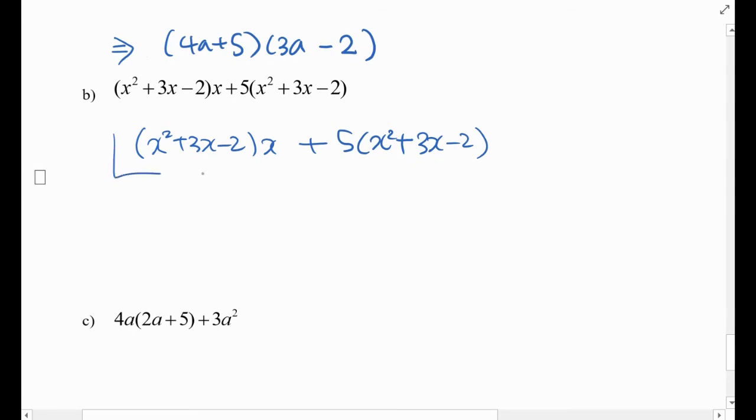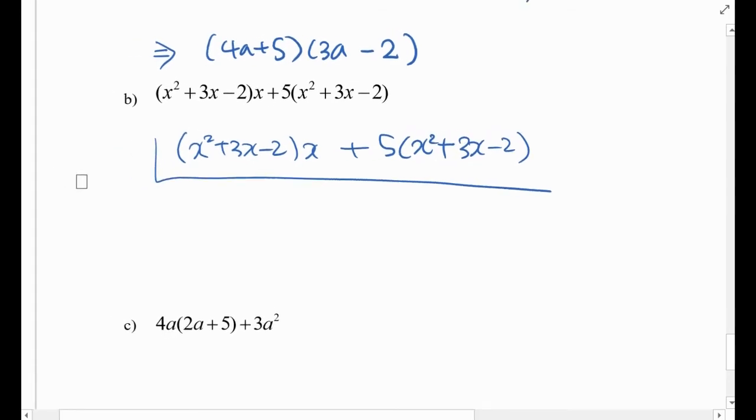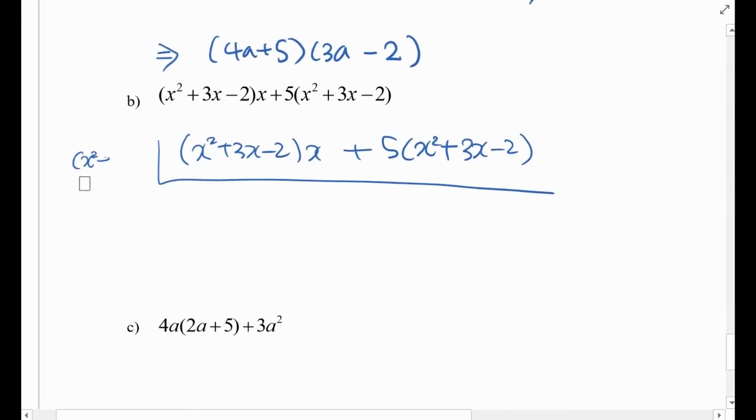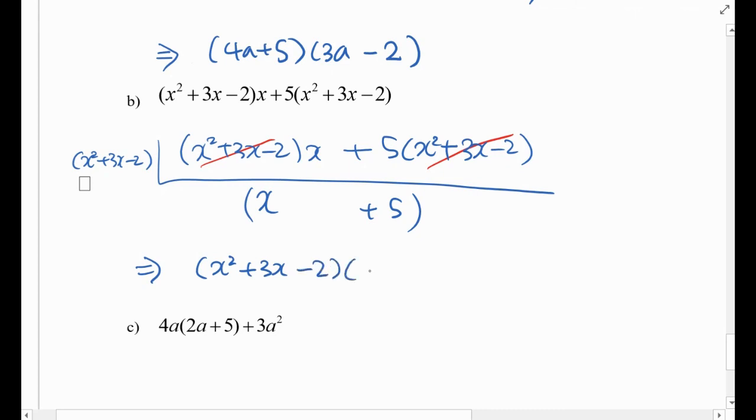The bracket x squared plus 3x minus 2 is in common. So we're going to factor that out. I have x and 5 left, right? Then the factored form will be x squared plus 3x minus 2, x plus 5 is the answer.